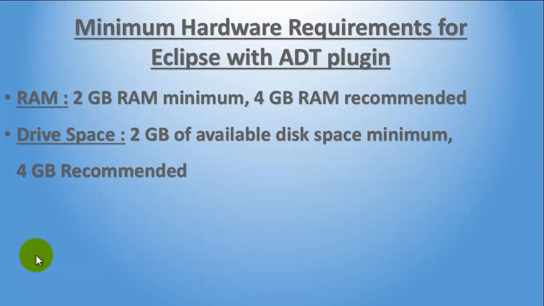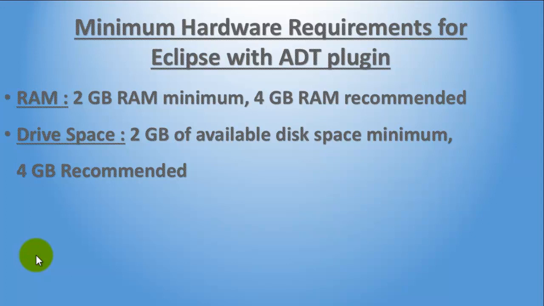You must have 2 GB of available disk space, that is the minimum, and 4 GB is recommended. Once again, this is only for the installation of Eclipse and SDK.